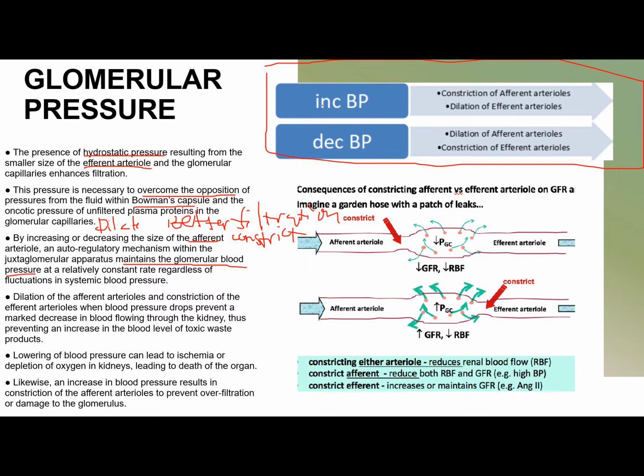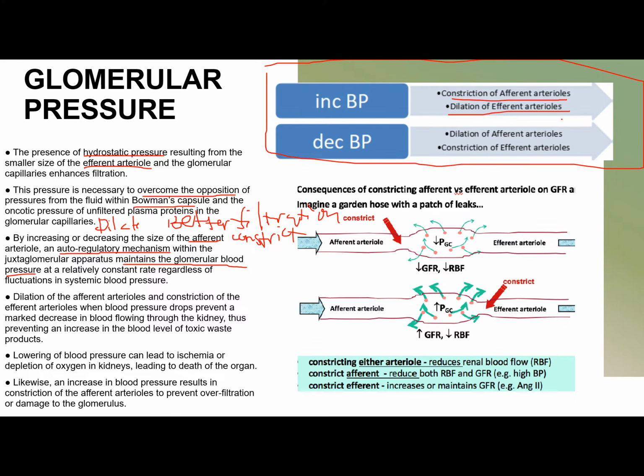Kapag mataas ang BP ng body natin, if there is an increased BP, it will trigger an autoregulatory mechanism, meaning automatic ganito yung mangyayari. Pag mataas ang BP natin, magko-constrict yung afferent arterioles. Kapag mababa naman yung BP natin, ang mangyayari naman sa afferent arterioles, magdadilate.